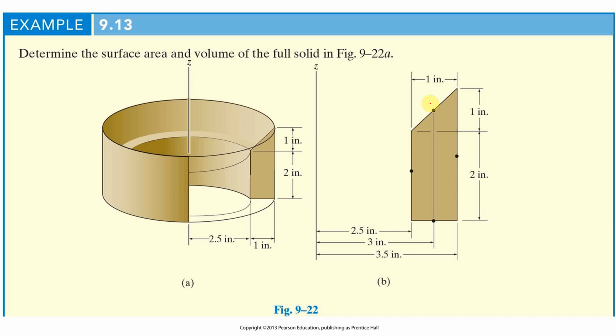Here, this is better for surface area. 1, 2, 3, 4. The dots are the locations of the centroids. So that's 3.5 inches this way and 1.5 this way. So I'm just making a note where the centroids are. 3 inches this way and 2.5 up.